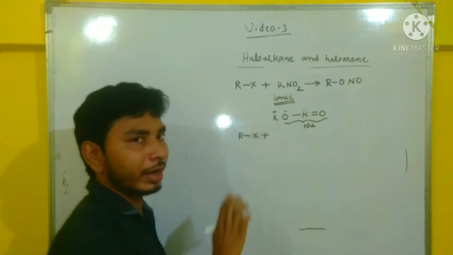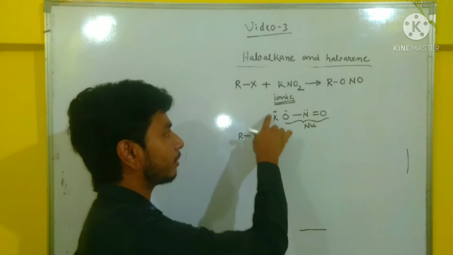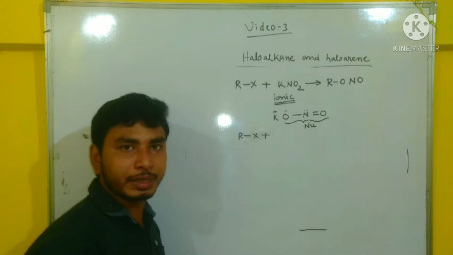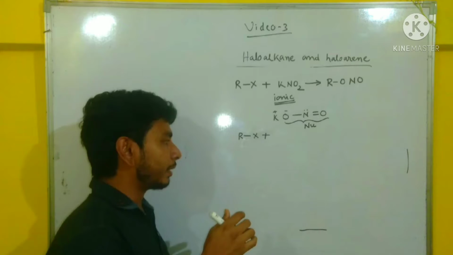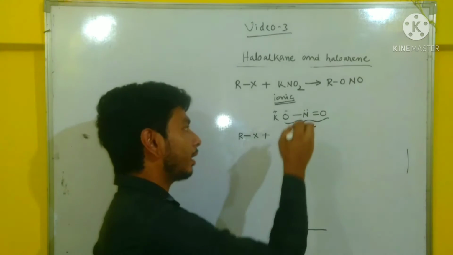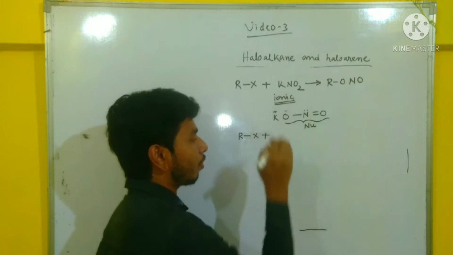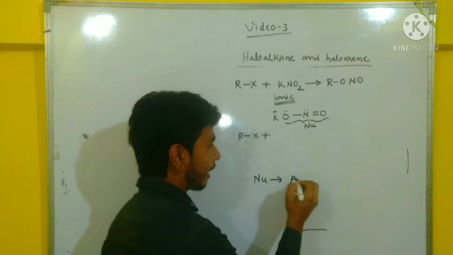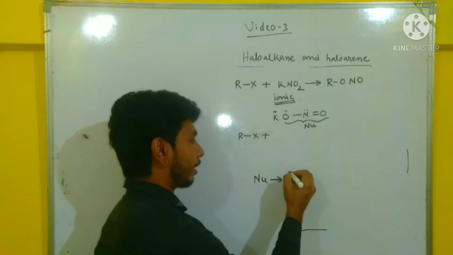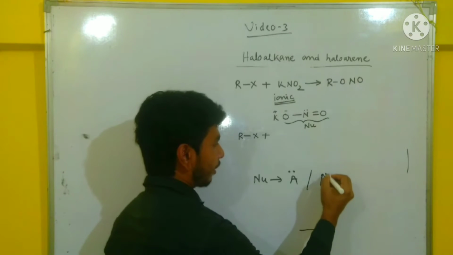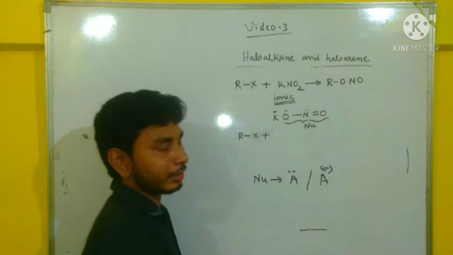Here potassium is not acting as a nucleophile because it is positively charged. Nucleophile means it is an electron donating species. So an electron donating species should carry either a negative charge or a lone pair. A nucleophile should have either a lone pair of electrons or a negative charge.